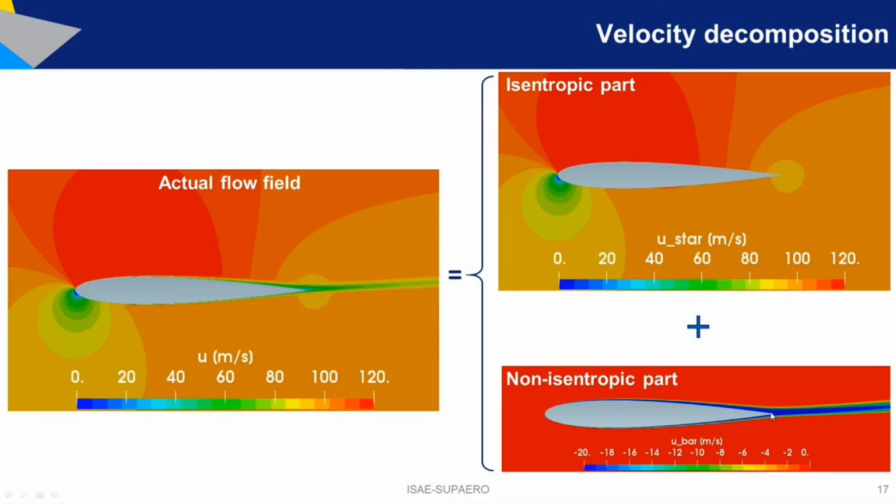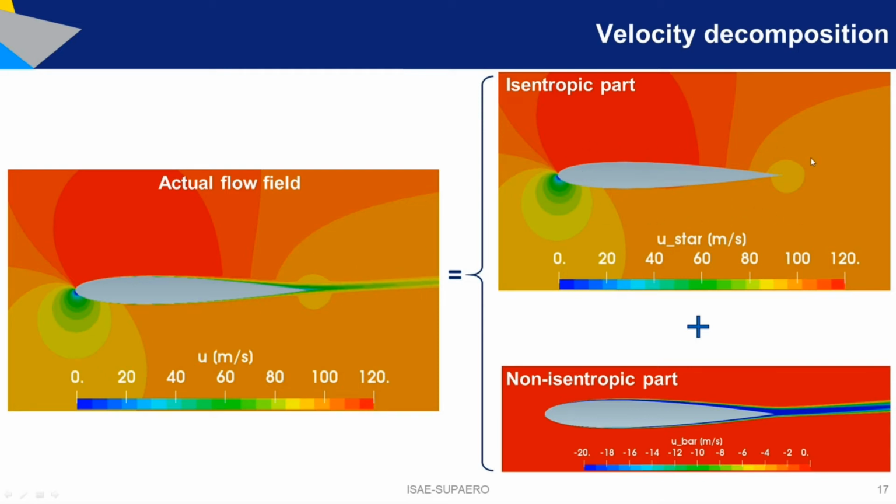So the interest of doing such a decomposition is that it allows us to dig more into the physics to understand what the different sources are that generate drag. In this case, we can realize that the physics can be simplified into two terms.